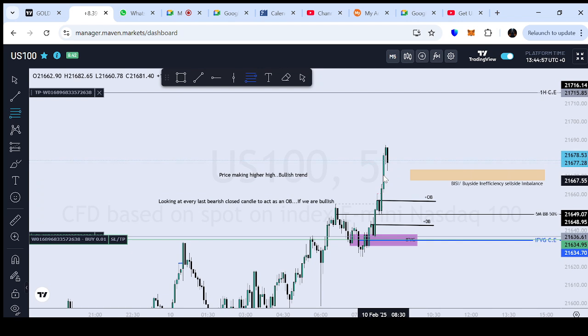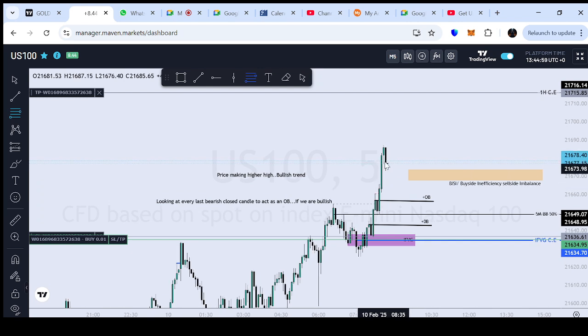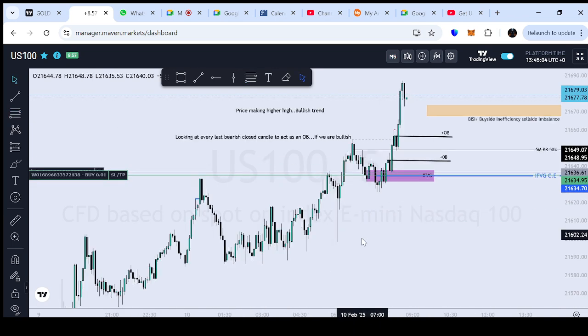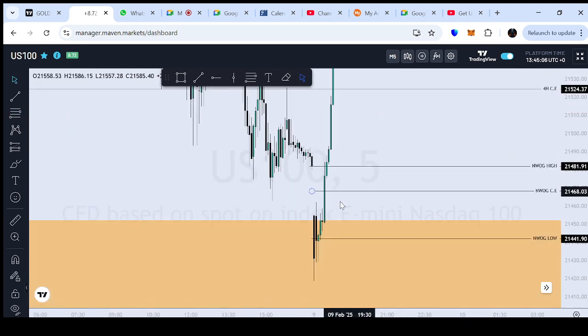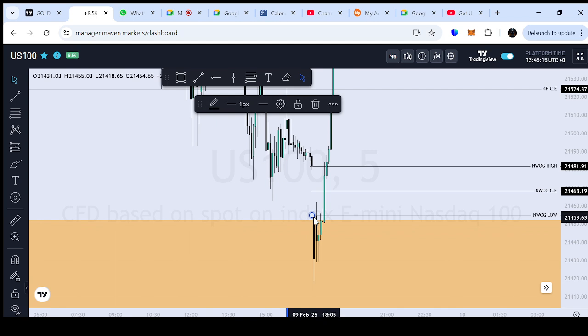You only see a space, a gap with no candle body, like this. A new week opening gap between here, the opening on Sunday midnight, and Friday where we closed on Friday. You see there is no candle body there. That's volume imbalance.